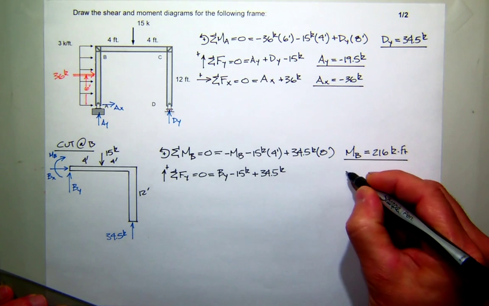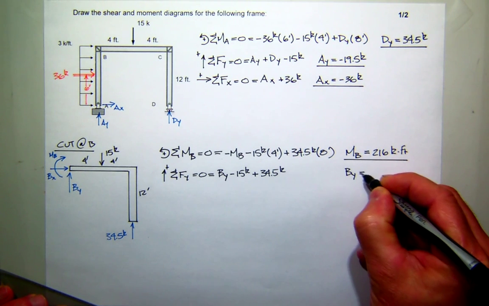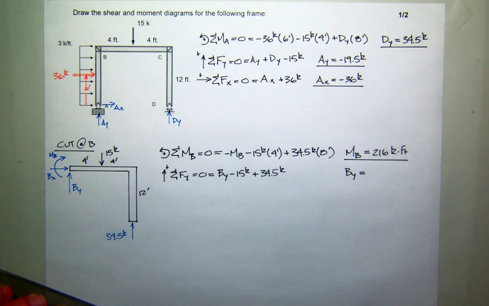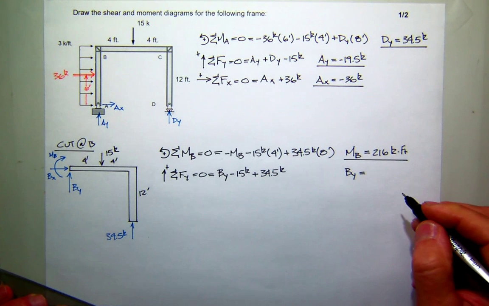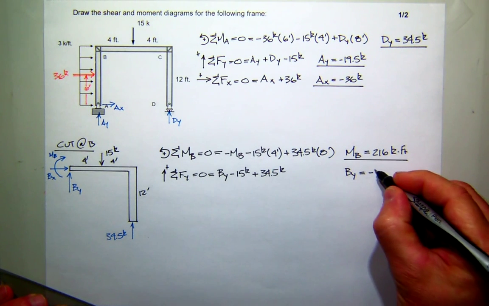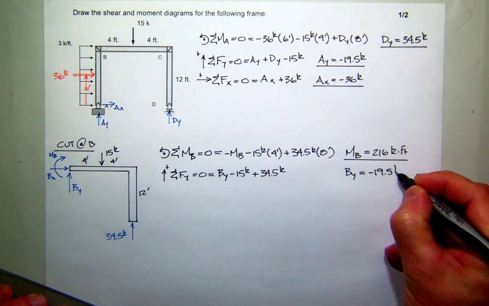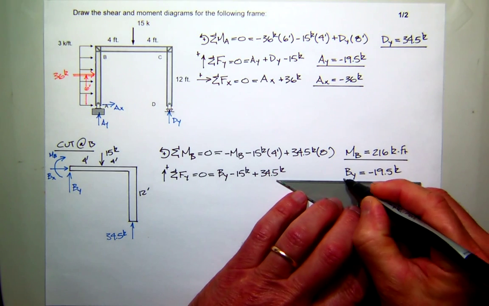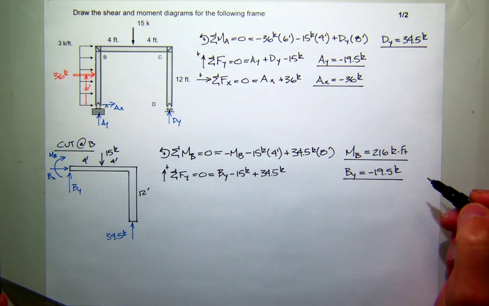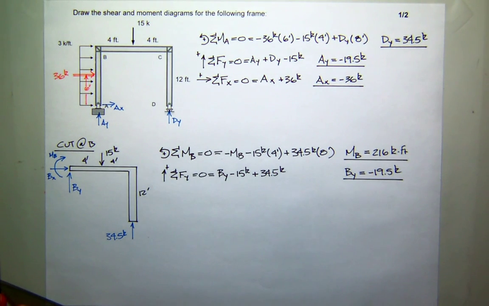So I should be able to find BY. BY looks to be negative. Negative 19.5. 19.5. Anybody else get that? Does it look okay? Cool.